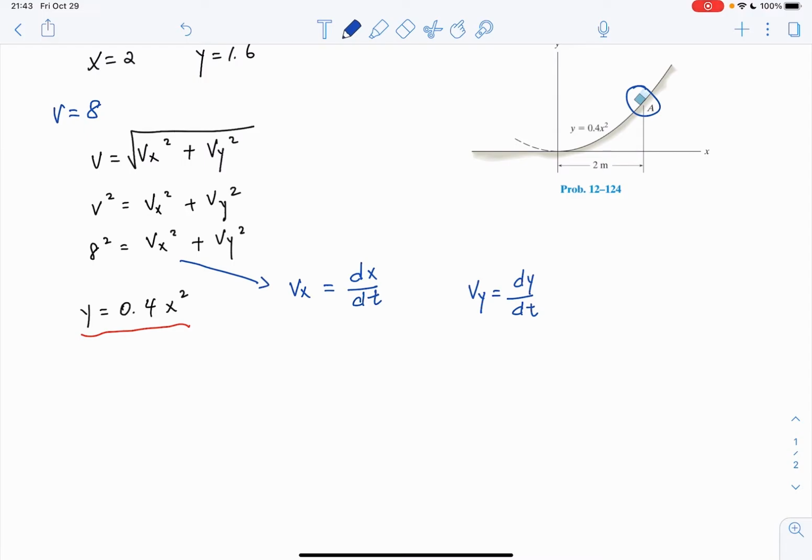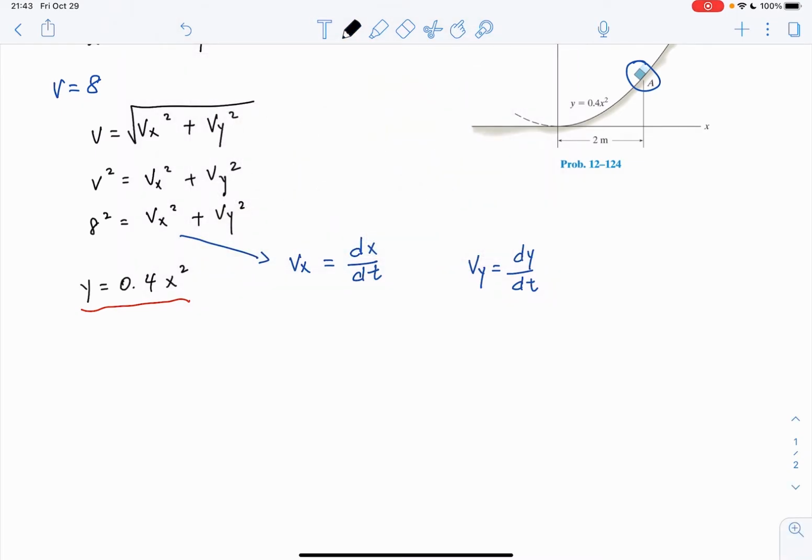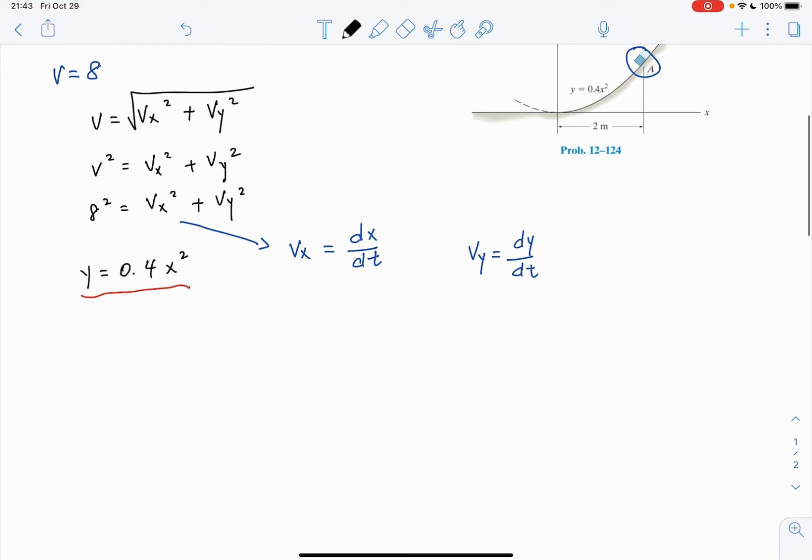Now from this formula, y equals 0.4x squared, we are going to differentiate it with respect to time.